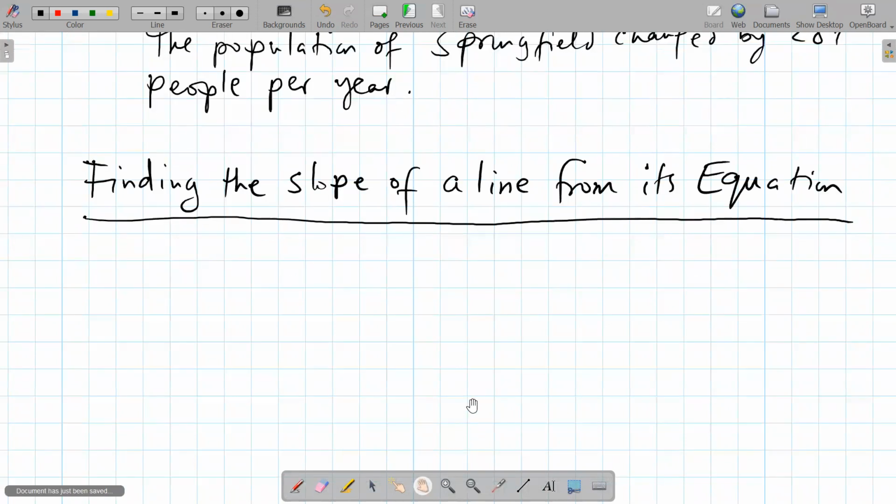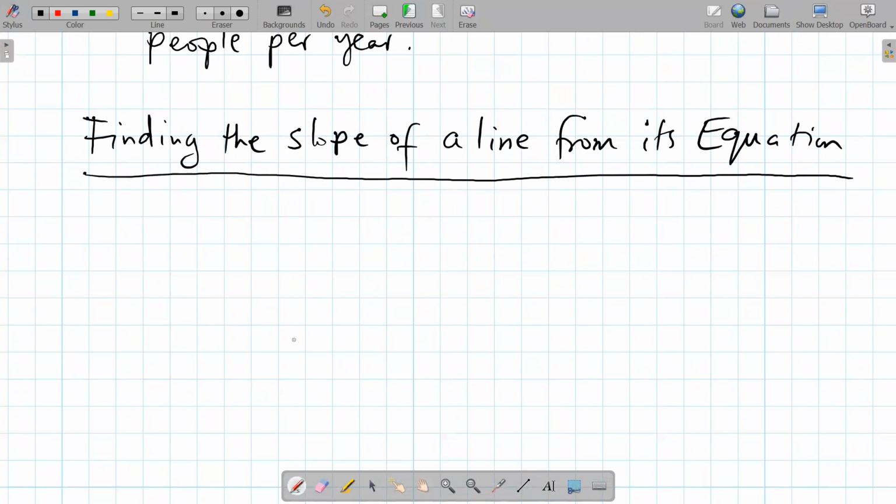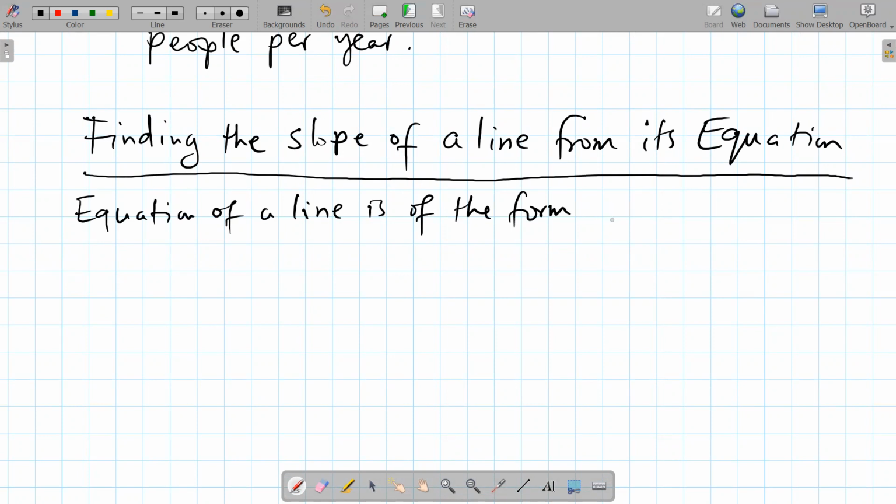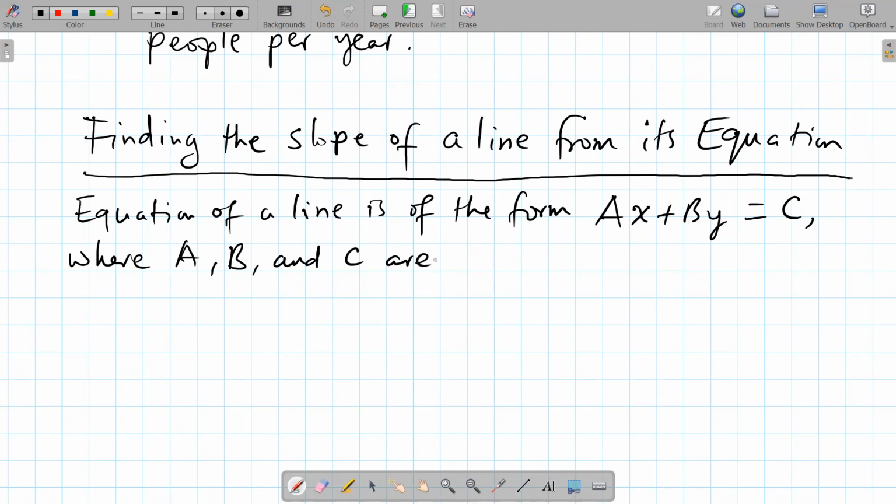Remember that we said that the equation of a line is of this form: ax plus by equals c, where a, b, and c are some real numbers.